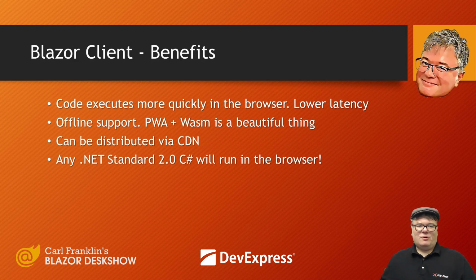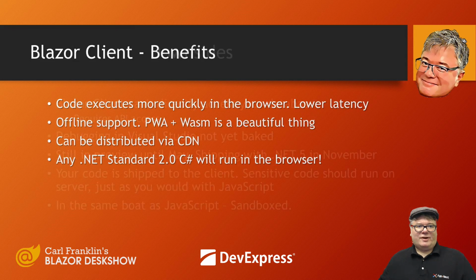You can store things in browser storage, session storage, or local storage. You can distribute these applications with a content delivery network because they're just static files. And as I said before, any .NET Standard 2.0 C# code will run in the browser. So any NuGet packages that are .NET Core 3 are going to run just fine.